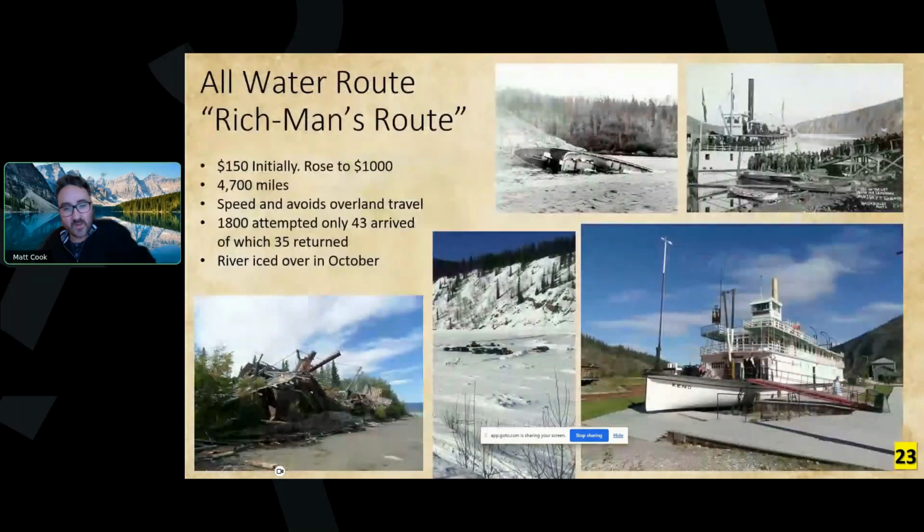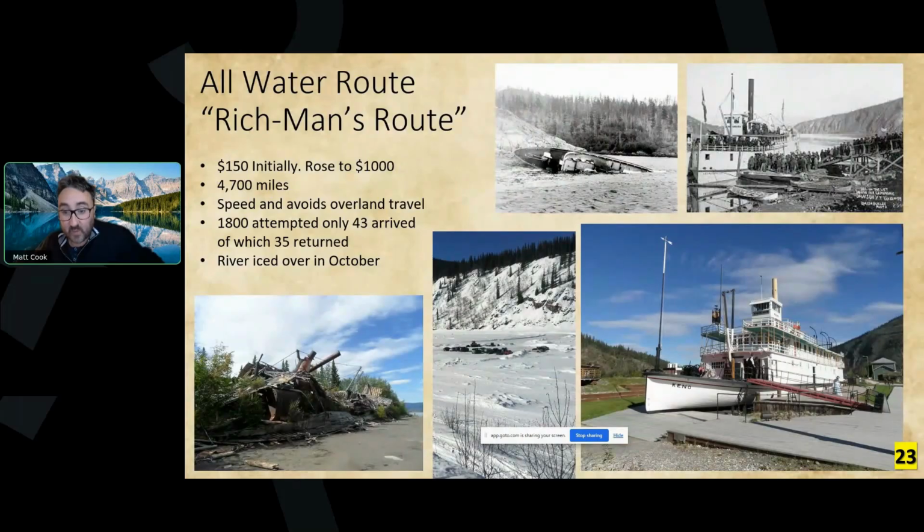So there was what was called the rich man's route, or the all water route. So you could sail to the Klondike, first from Seattle, across the northern Pacific to the Alaskan coast, and from the town of St. Michael at the Yukon River Delta, you could then get a riverboat all the way up the river to Dawson, and that would often be guided by one of the native Yukon people who live near St. Michael.